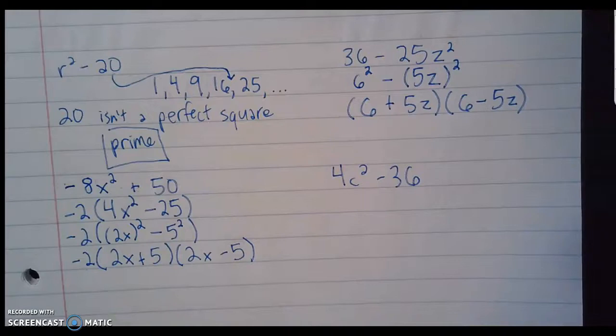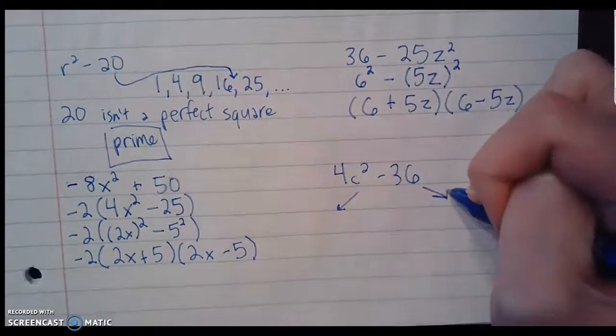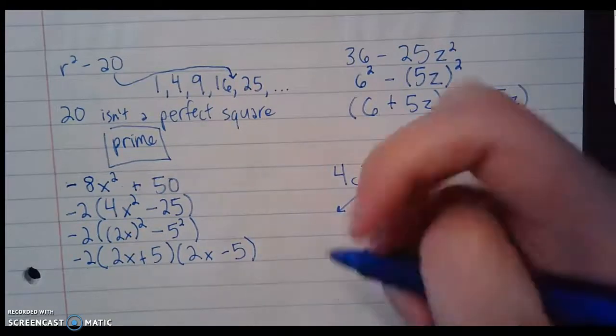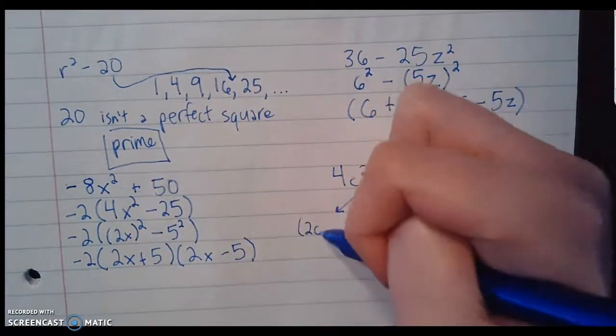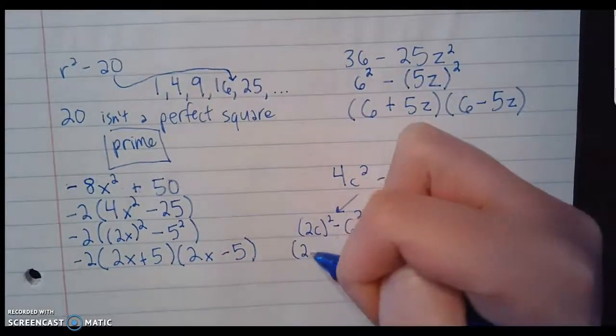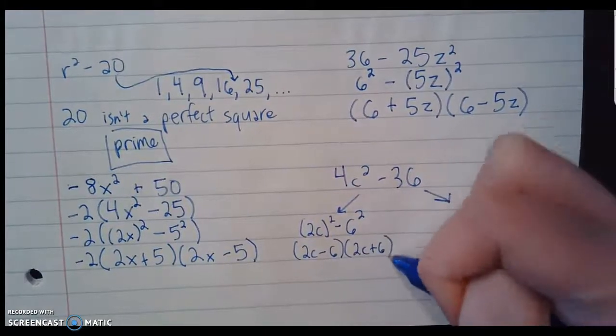One of the reasons we have to be really careful to take out the GCF first is we want to have the expression completely factored. So there's two ways to do this problem, and I'm going to show you the wrong way, and then I'm going to show you the right way. So the wrong way to do this problem is to say, oh, this is 2c squared minus 6 squared, and then you split that into 2c minus 6 and 2c plus 6.